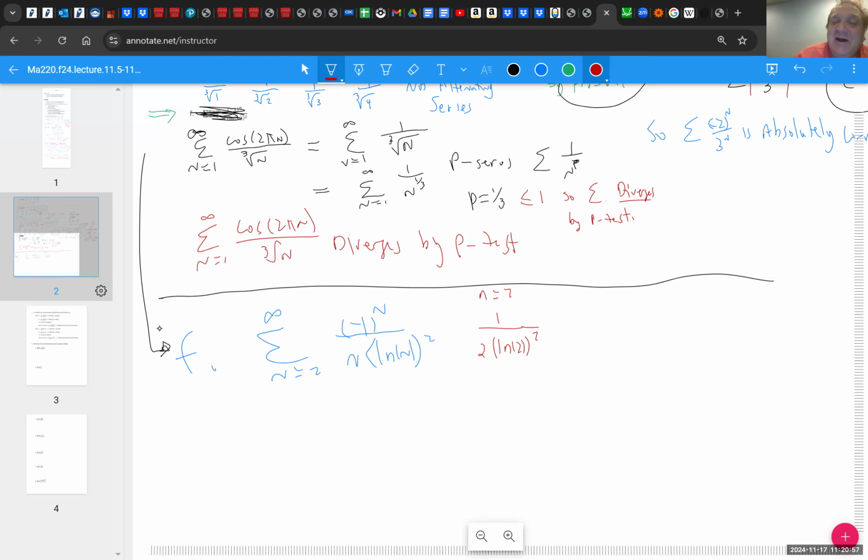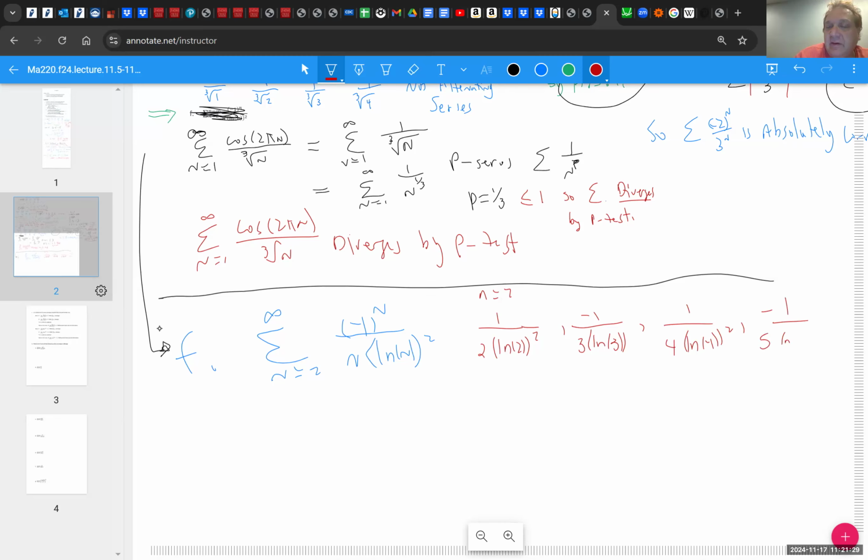It's some number. Then we do the next one, n equals 3. We get negative 1 on the top because you get an odd number of negative 1s. And on the bottom, you get 3 ln 3 squared. And then for n equals 4, we get a positive 1 over 4 ln 4 squared, etc. So we can see that it does alternate.